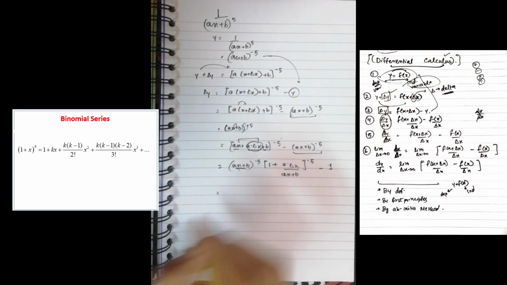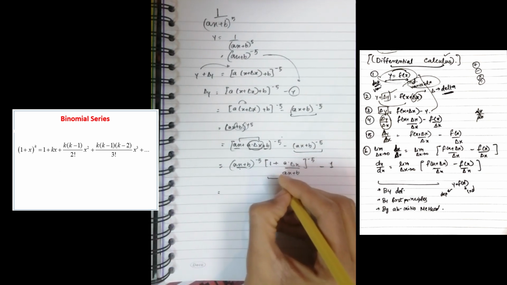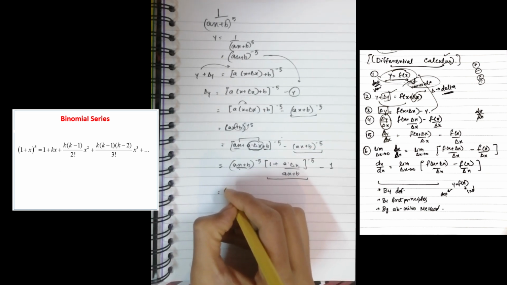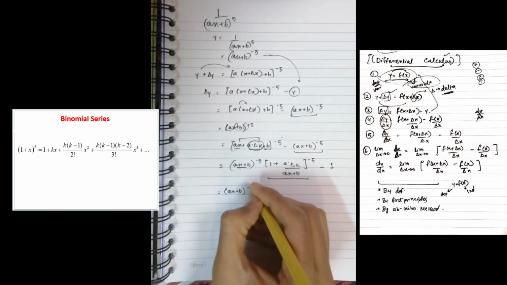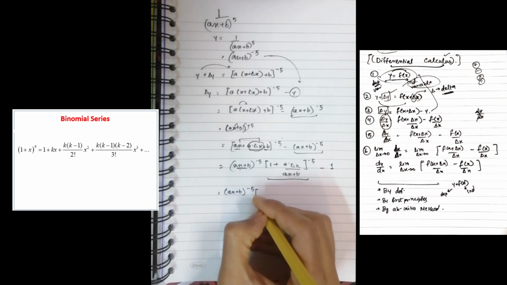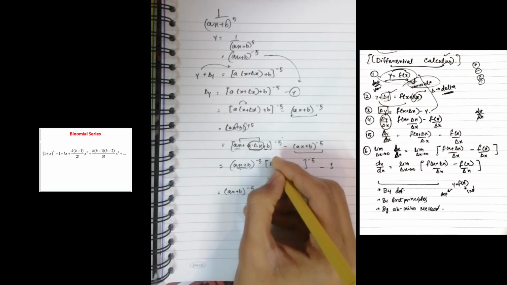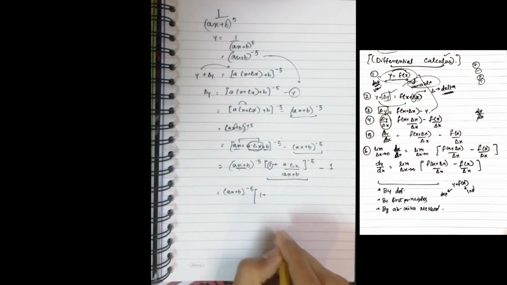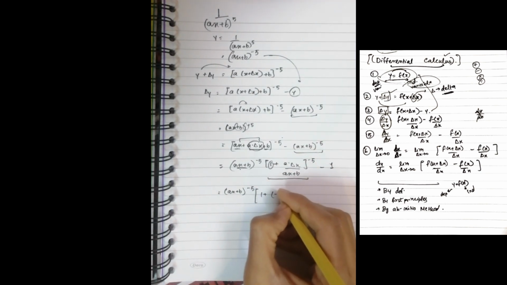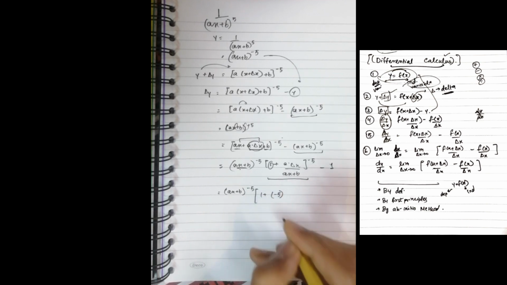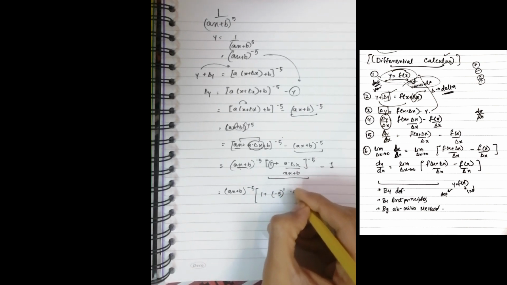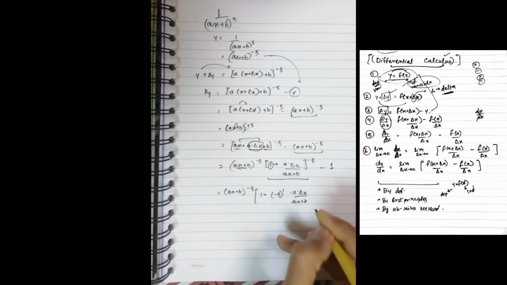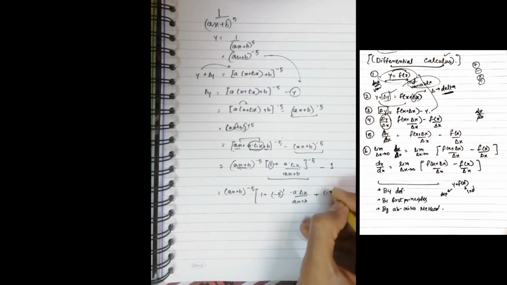Now we can apply the binomial expression in this thing. What it says is that the first thing should go as it is. Don't mess with that thing. Next, you have to multiply only by the power 1. So a·delta x divided by ax + b, and in the second thing, minus 5.